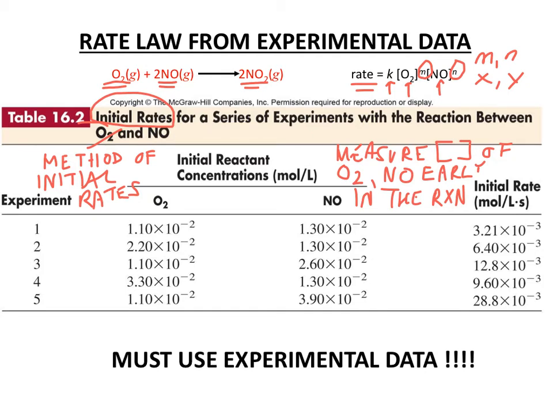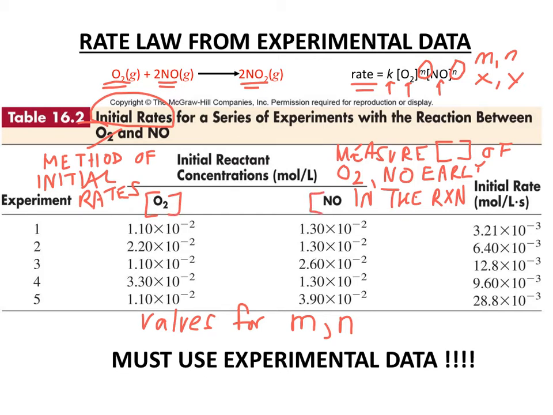So in this problem, obviously we are going to have to find the values for, we'll just go with their variables M and N. Here are the concentrations of the oxygen.